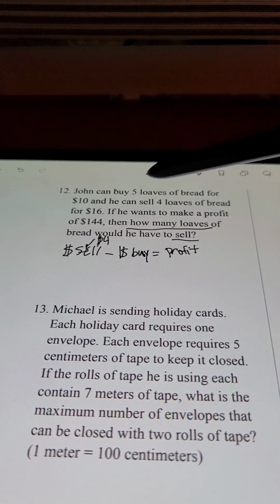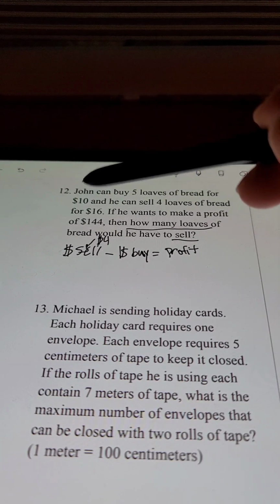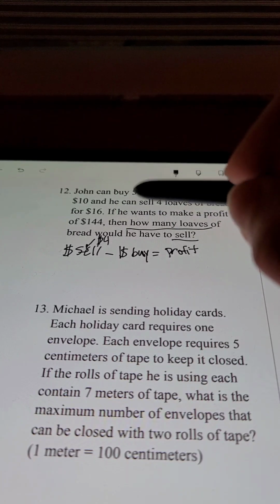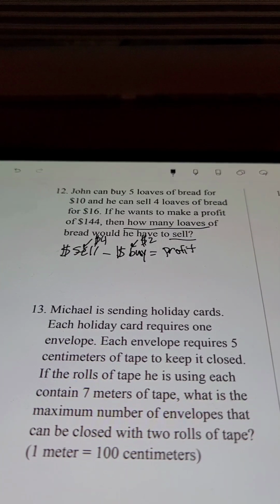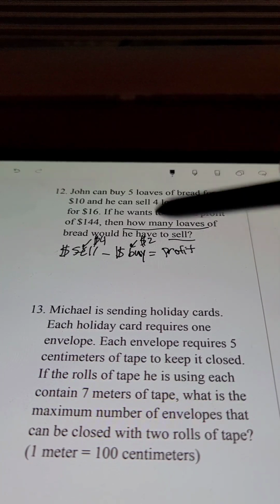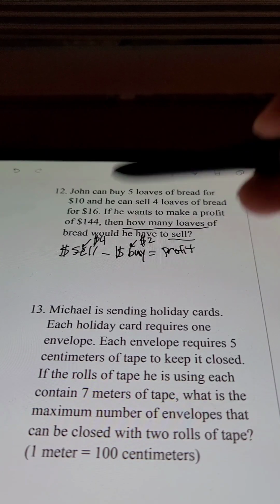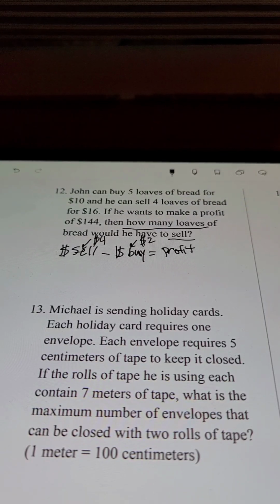And then if we do a similar situation with the buying of the 5 loaves of bread for $10, that means that it's $2 for every loaf of bread that he's buying. Like he's buying each loaf of bread for $2. So that would be the rate he's buying at, right? Now, if you subtract that, 4 minus 2 is $2 in profit for every loaf of bread that he ends up selling.